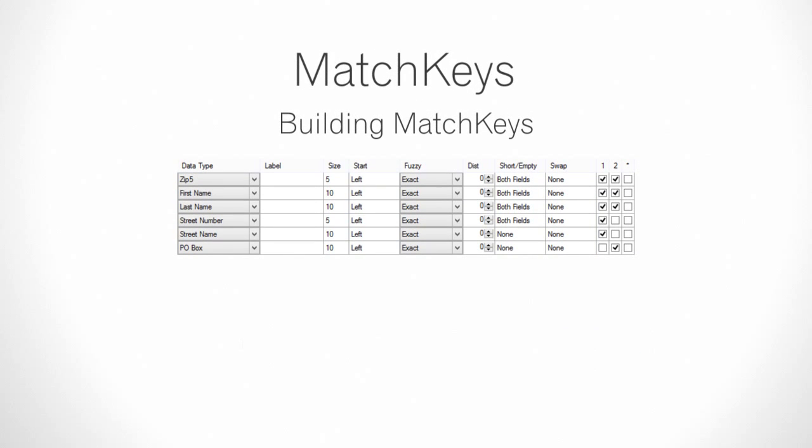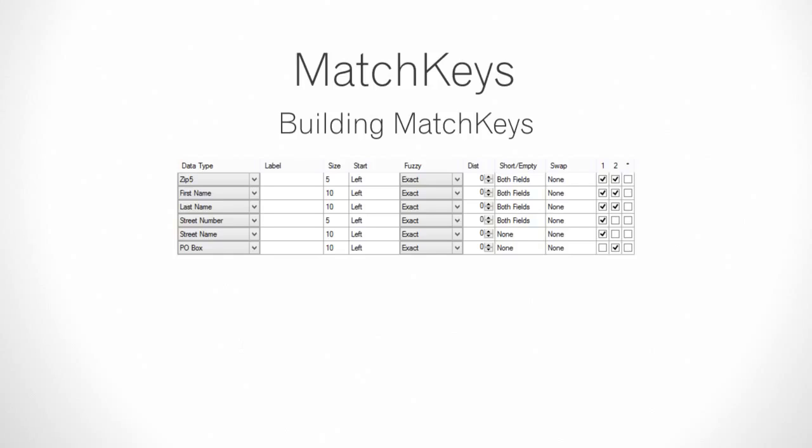Building match keys. Before we discuss how the combinations are applied, I'll show how matchup uses only the relevant data to compare the records. For each record, matchup builds a match key. This is based on each of the specified match code components and their settings. It'll be a small representation of the actual record.